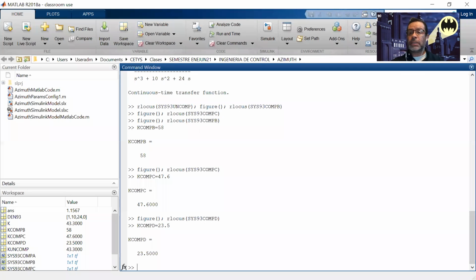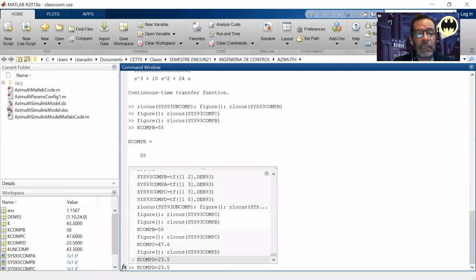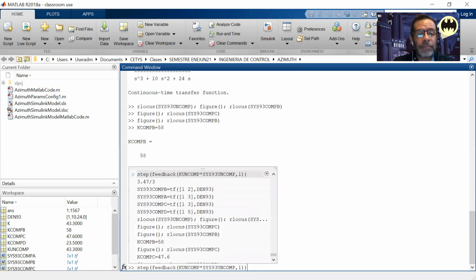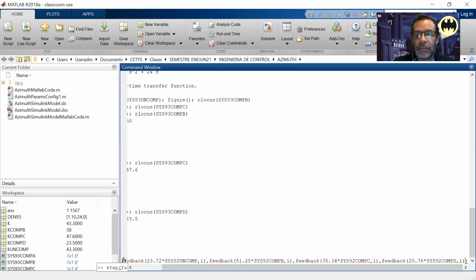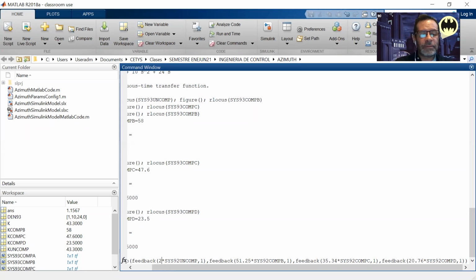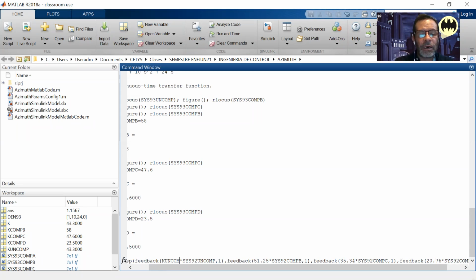Let's look at the 4 responses to see what happens. So I've got this jumble that I wrote down here. I'm going to modify this. It's always a problem when I try to do copy paste. So I'm going to do the step responses of all of them. K uncomp times sys 93 uncomp.